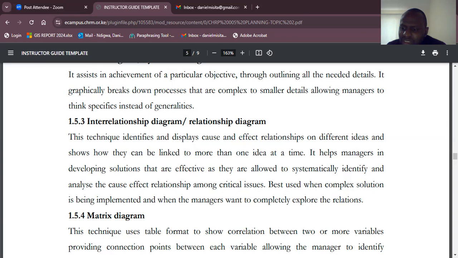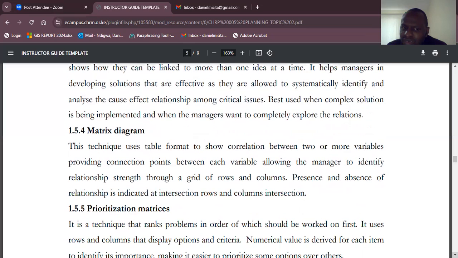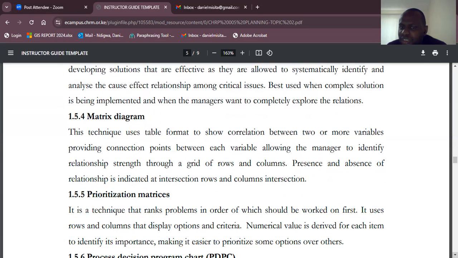The other one is the matrix diagram. This diagram is very common when you are dealing with projects where we have two managers. For example, we have the functional managers on the other side, and you also have the project managers.